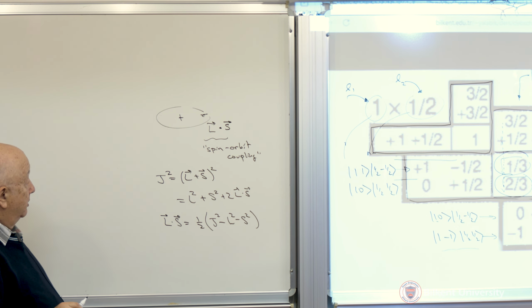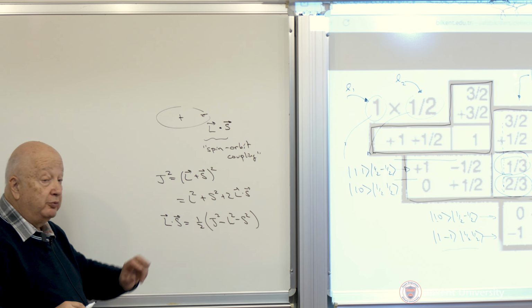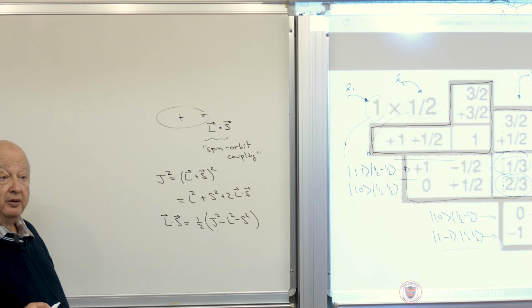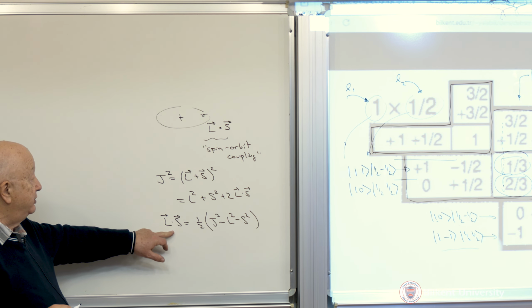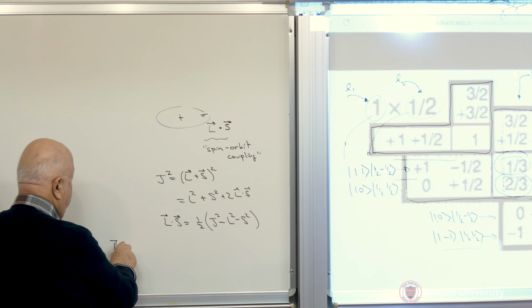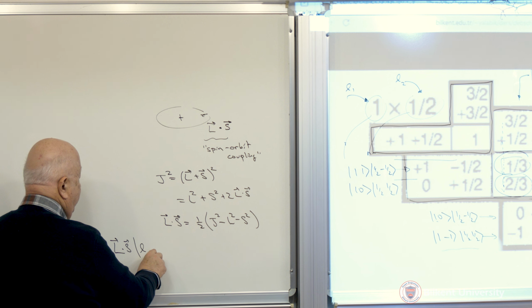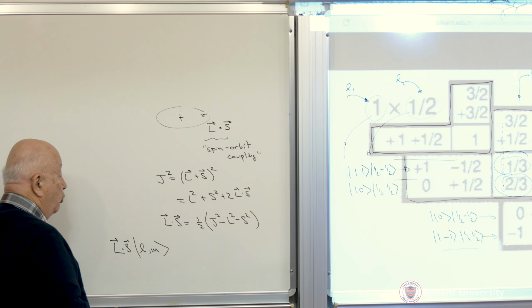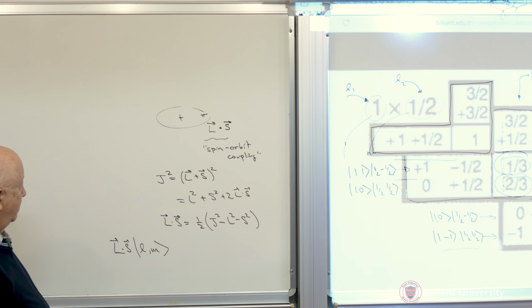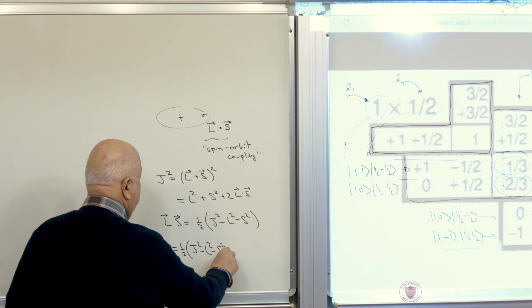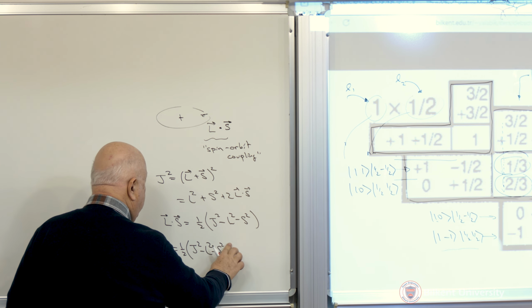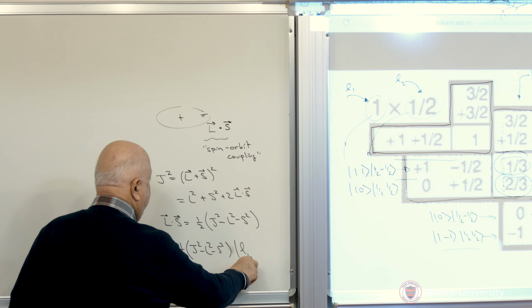Now, you see, if I have a total angular momentum state, then I know it's an eigenfunction of this state, right? So if I have L dot S operating on some total angular momentum state |l m>, that means this is 1/2 (J squared minus L squared minus S squared) operating on |l m>.